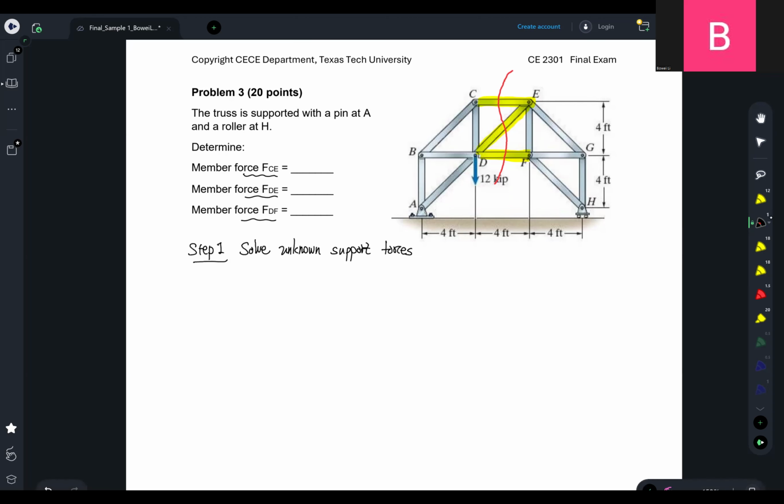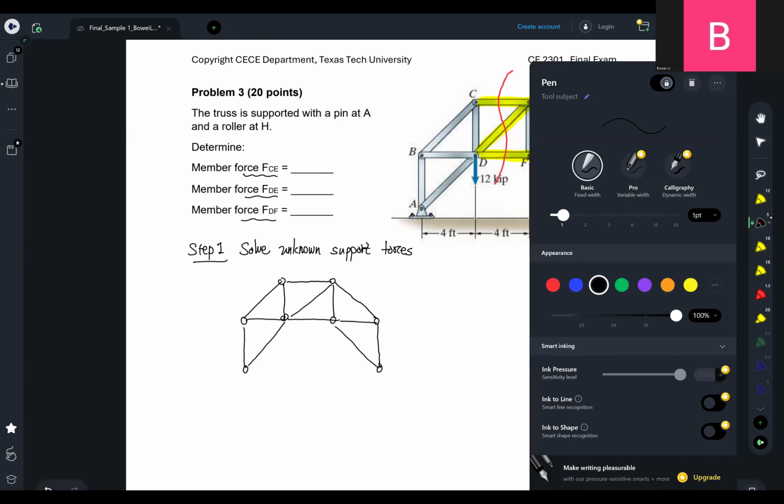Draw the free body diagram of the entire structure. Let me draw the free body diagram of the entire structure, which is separated from its environment, which is the ground, right? And then we are going to replace the supports by the corresponding reaction forces, right?